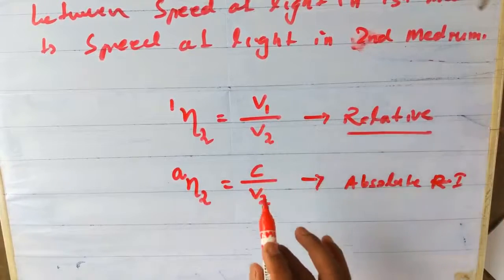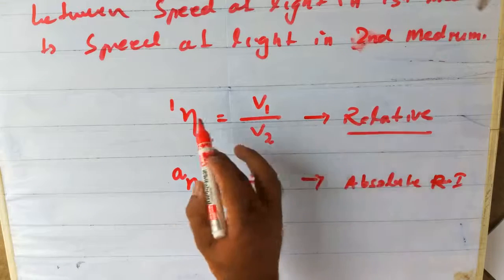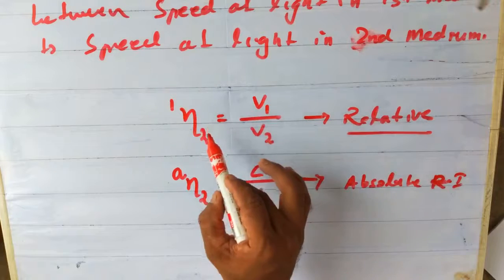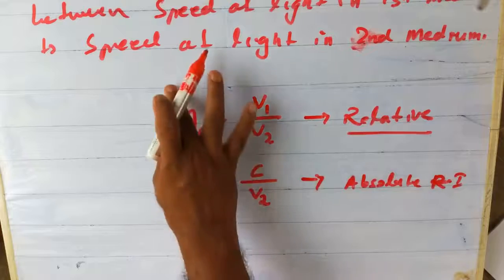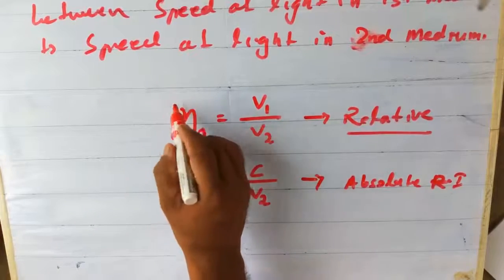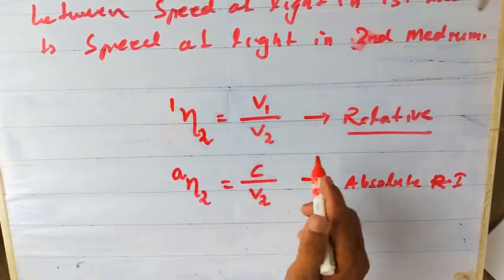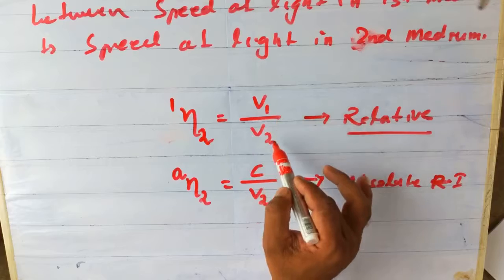Listen, it is the ratio between the speed of light in the first medium to the speed of light in the second medium, and that is the refractive index of the second medium with respect to the first. In some books it is written like this, with 1 to 2 written below. Both mean the same, don't worry about that.